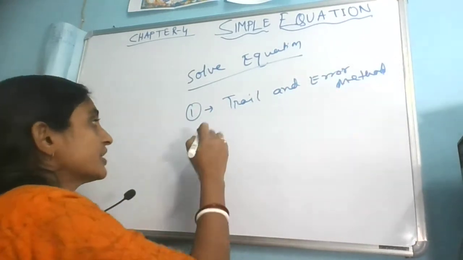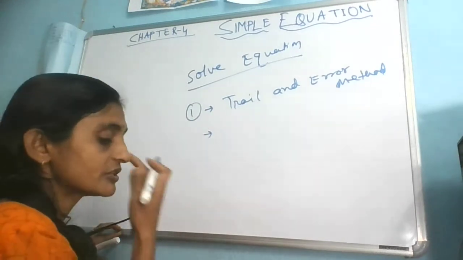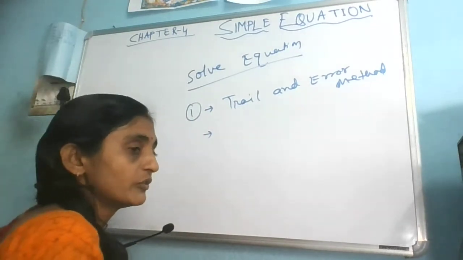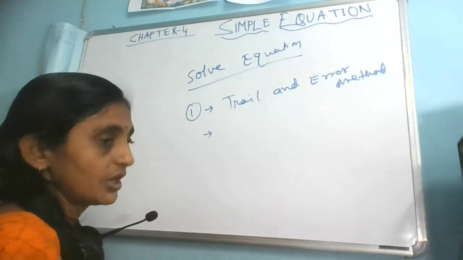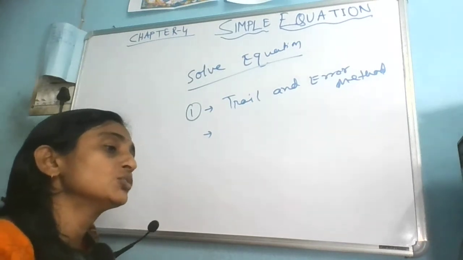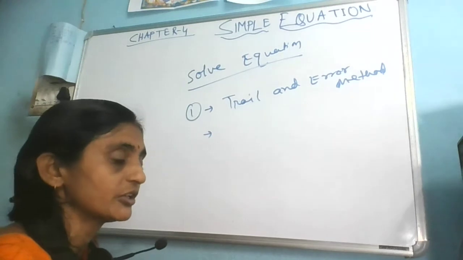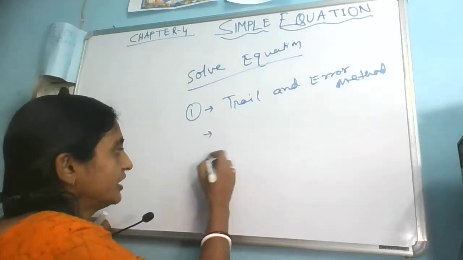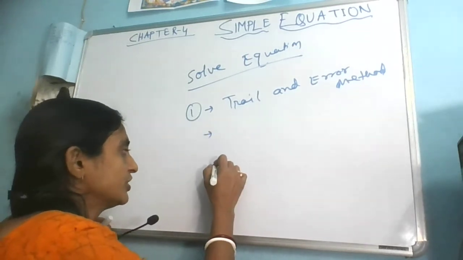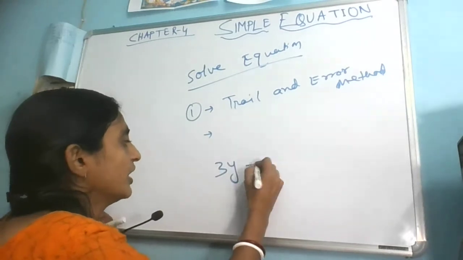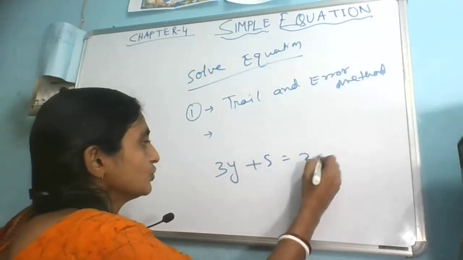In the second part we will discuss the rules of solving by different steps. How? Because if we are going to eliminate the numerical part of the left hand side, let's take an example. One expression has been given, let it be 3y plus 5 equal to 20.